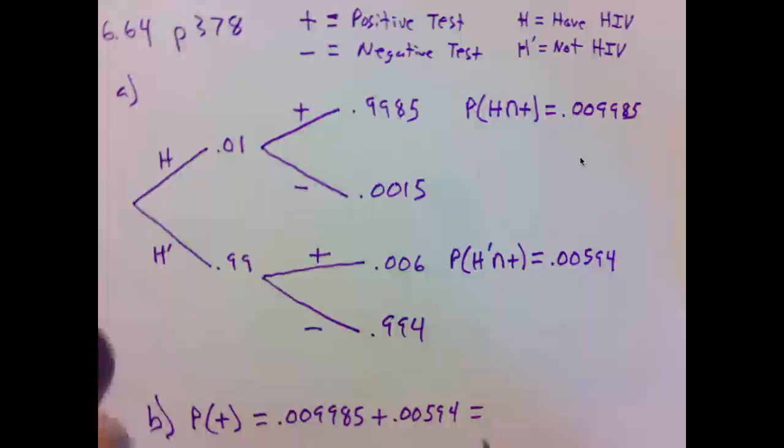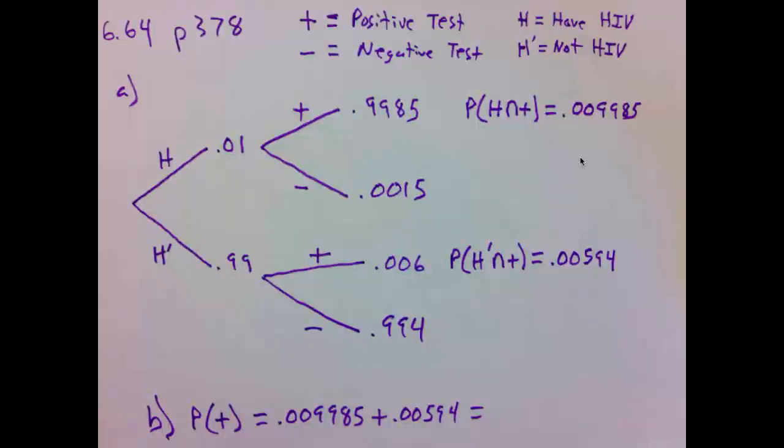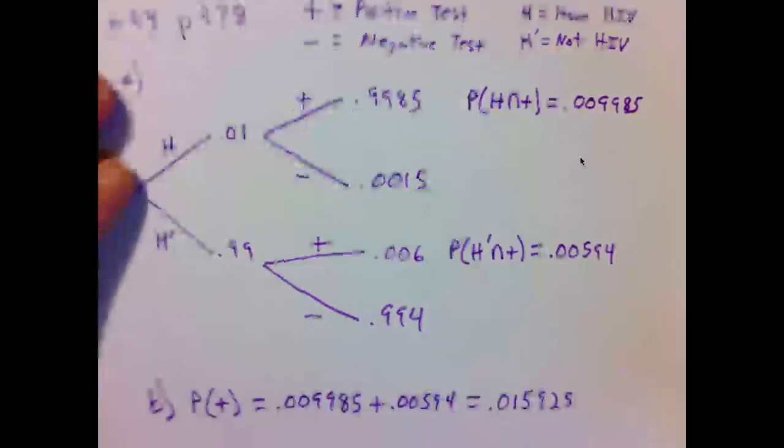That is equal to 0.015925. So we saw earlier that 1% of the population does have the virus, but roughly 1.6% is going to return a positive test. So that seems a little discouraging.